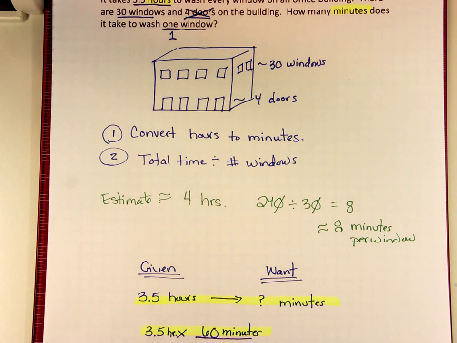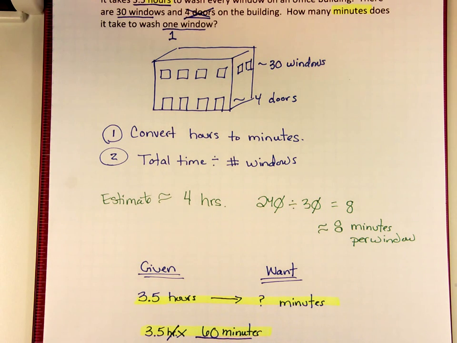Now here's the interesting thing, which makes conversions fairly simple. It's just like fractions. When you simplify them, you can cancel out units or numbers. Here I'm canceling out the units. Hours cancels out with hours. So now I have to do 3.5 times 60, and my answer will be in minutes.